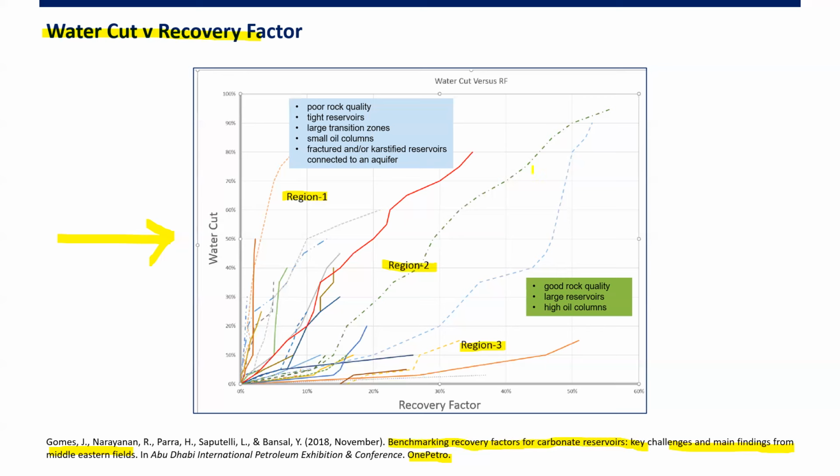Within the paper you can read, this is a very informative thing for us. So if you have region 1, where you get rapidly increasing water cut with respect to recovery factor, you can include those performances into region 1.